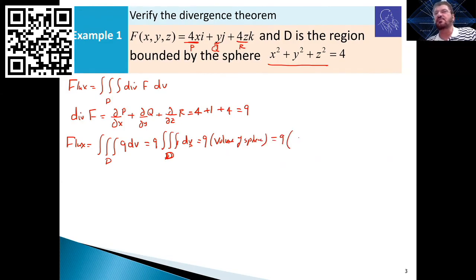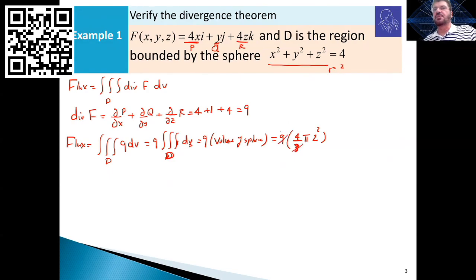What's the volume of a sphere? 4 over 3 pi r cubed. What's r here? This is the radius 2, so the radius here is 2. So this is times 2 cubed. 4/3 pi r cubed, which is 8, right? So this is 4/3.